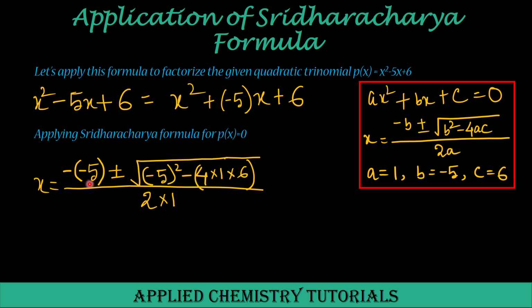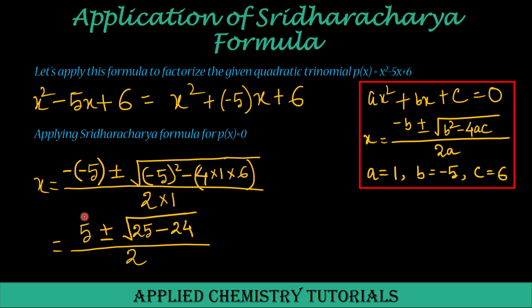So here we get minus of minus 5 plus minus root over minus 5 whole square minus 4 multiplied by 1 multiplied by 6, divided by 2 multiplied by a. After simplifying this, we have 5 plus minus root over 25 minus 24 divided by 2.